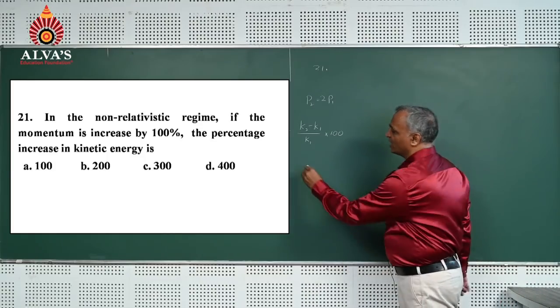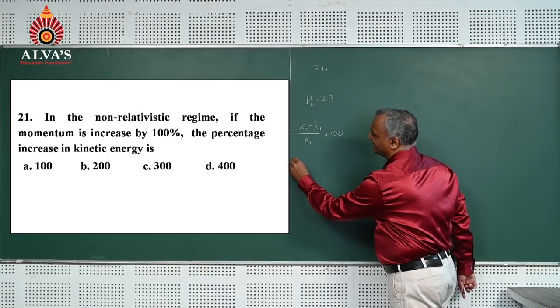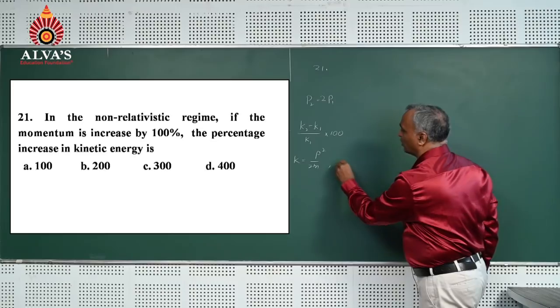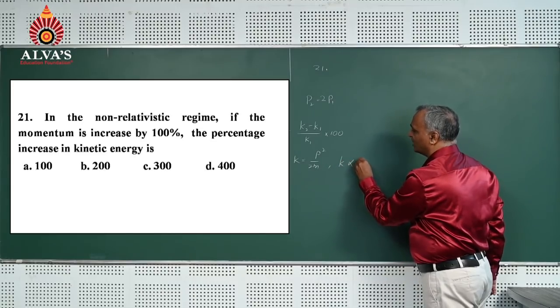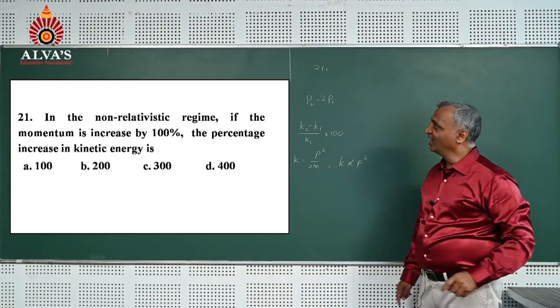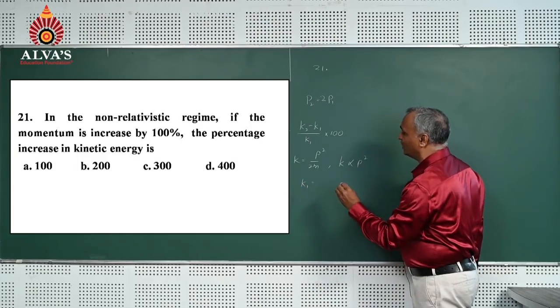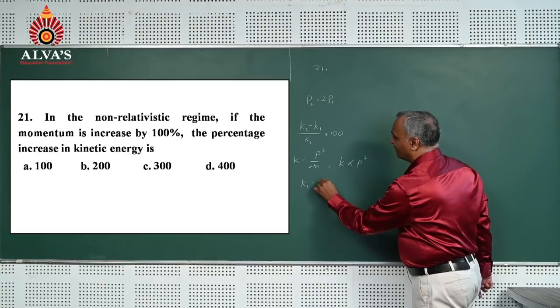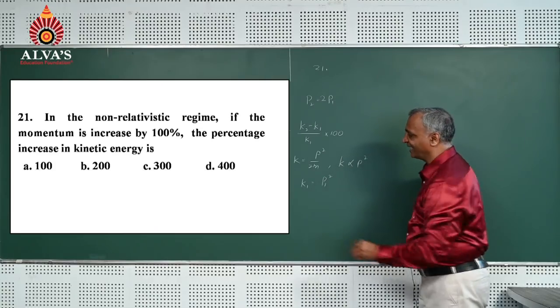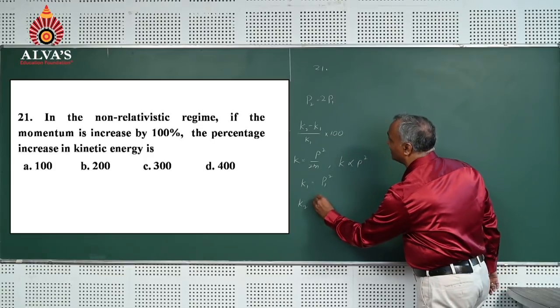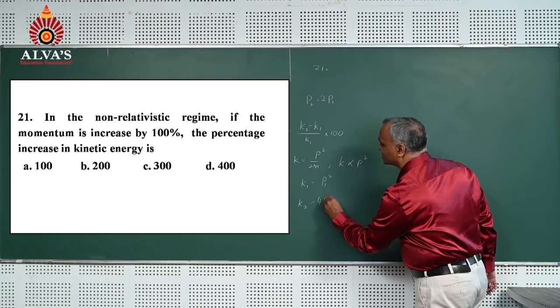We already know that the kinetic energy is equal to P square divided by 2m, so kinetic energy is proportional to P square. So the kinetic energy K1 will be equal to P1 square. Kinetic energy K2 will be 2 times that momentum squared, so it becomes 4P1 square.